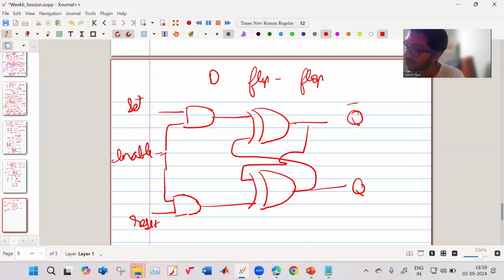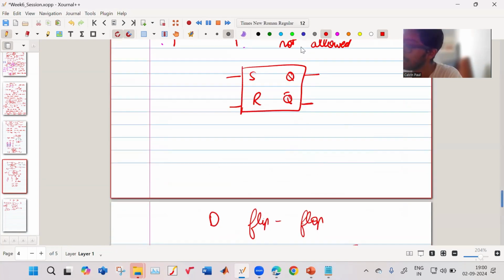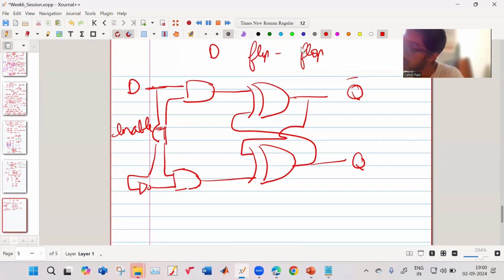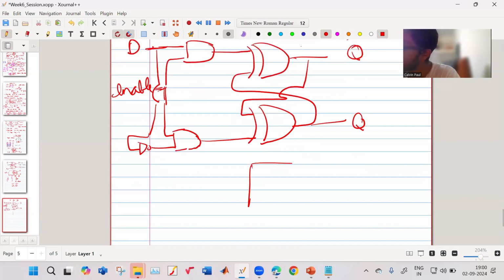So D is my input, and then we have a NOT gate, which is given here. It is the same structure, just a modified version of the SR flip-flop. So the D flip-flop is given by D and enable, and then your Q.